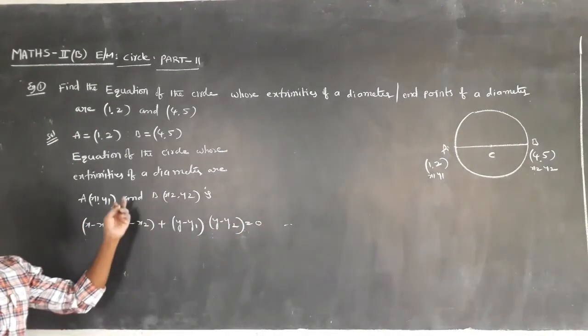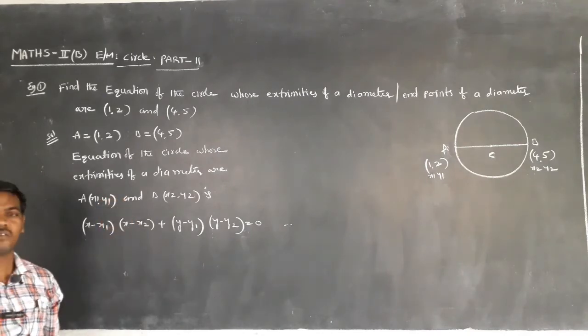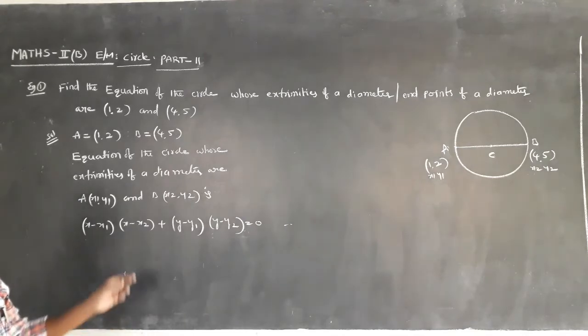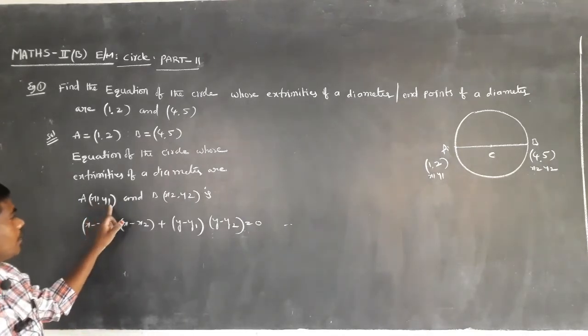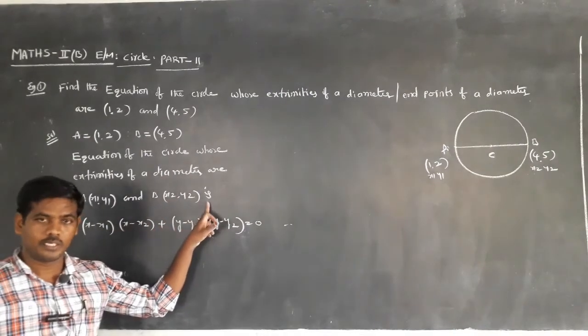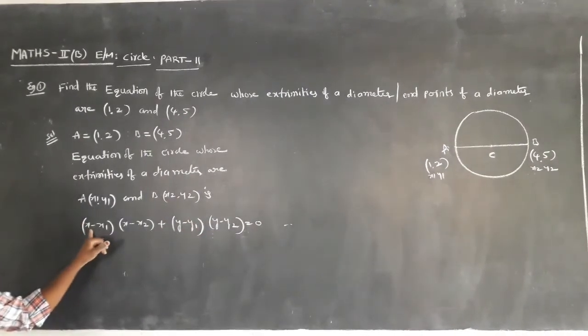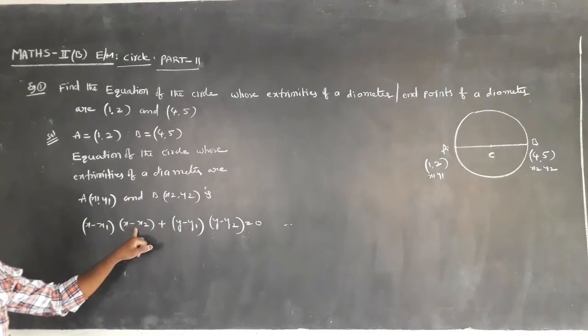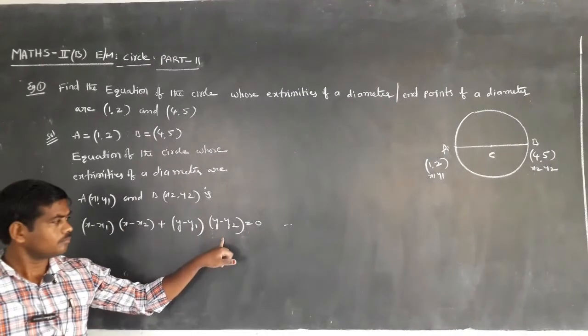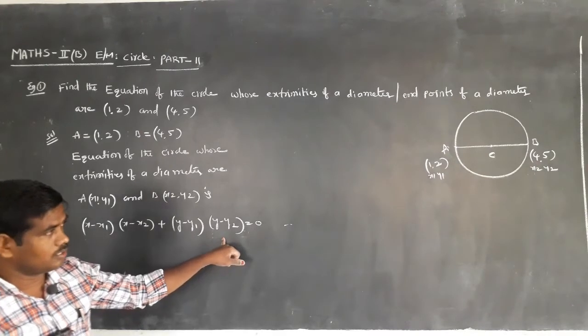Equation of the circle whose extremities of a diameter, or endpoints of a diameter, capital A (x1, y1) and capital B (x2, y2), is (x - x1)(x - x2) plus (y - y1)(y - y2) is equal to 0.